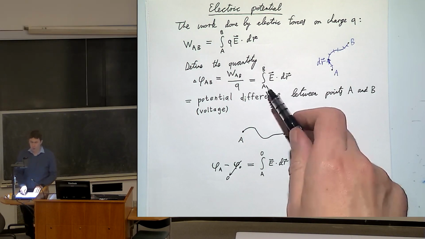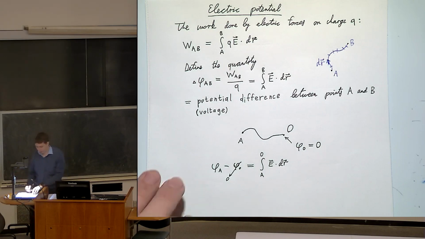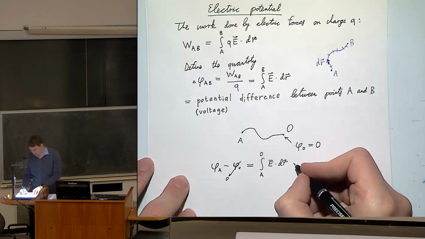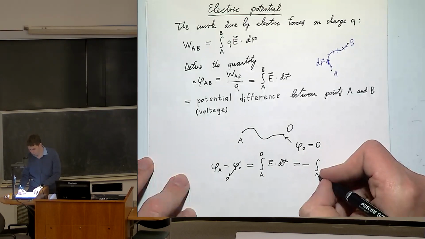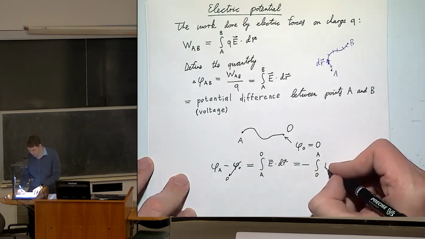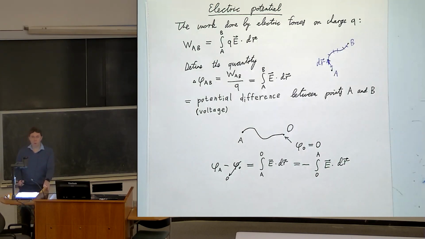And this contour integral has the property of the conventional integral that if you flip the two points, the beginning and the end, then the sign of the integral flips. So that equals minus the integral from O to A of E dot dr. So one can flip them, but one has got to remember to flip the sign.